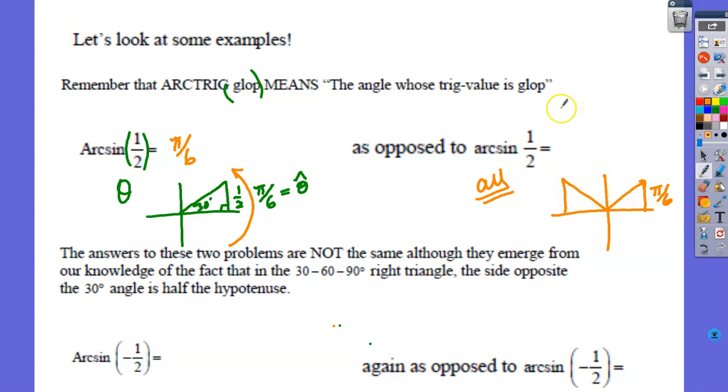So I could say the angle theta could be pi over 6 and 5 pi over 6 and every wrap of those, so plus 2 pi n. Then this would give me every wrapped version of that. Very different. I should only get one answer here because it's specific. It's a function. I should only get one output for each input. Here, I'm going to get every wrapped version of the angle.